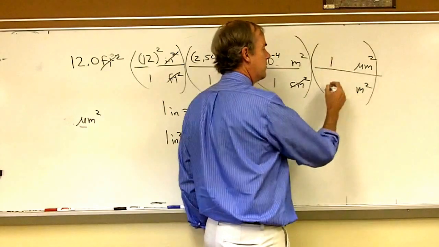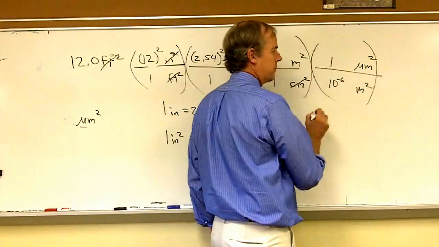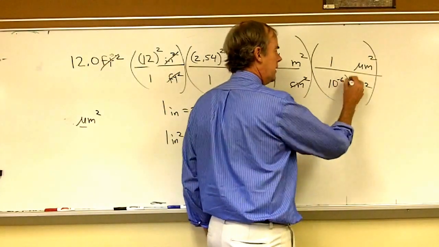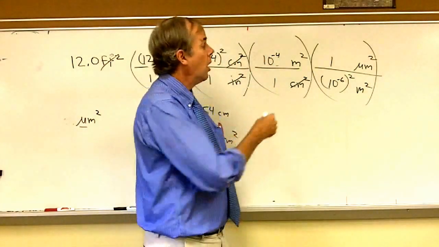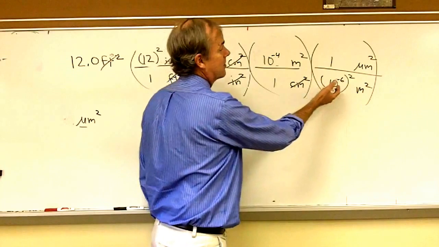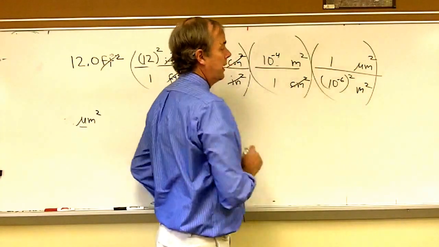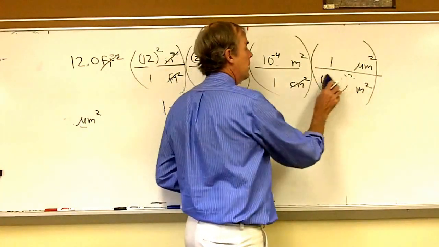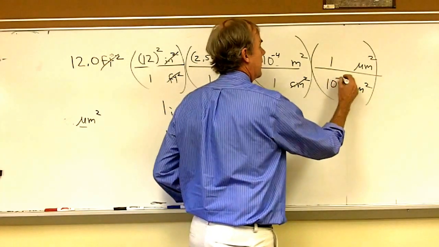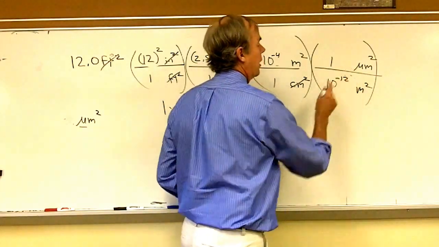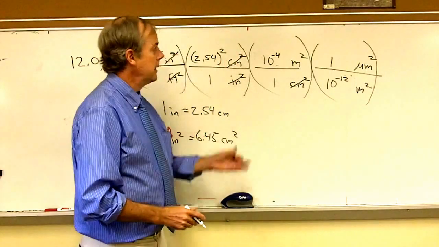1 micro means 10 to the negative 6th of something, but since we're squaring the units, we must also square the values. Once again, I could choose to write this as 10 to the negative 6 all squared, or I could do that calculation in my head and write it as 10 to the negative 12. They have the same meaning.